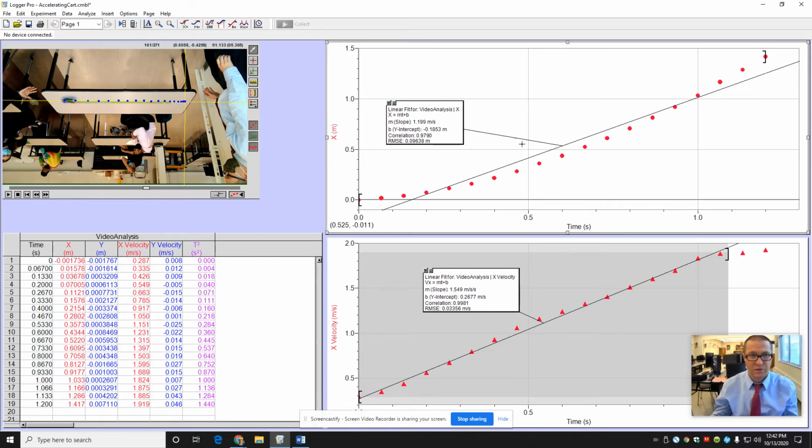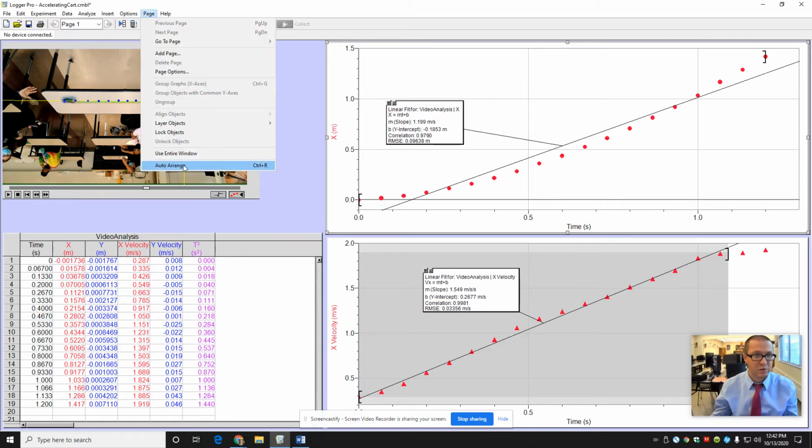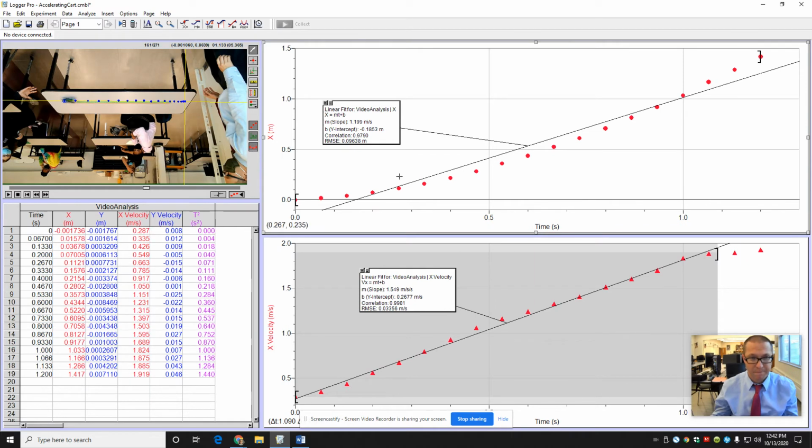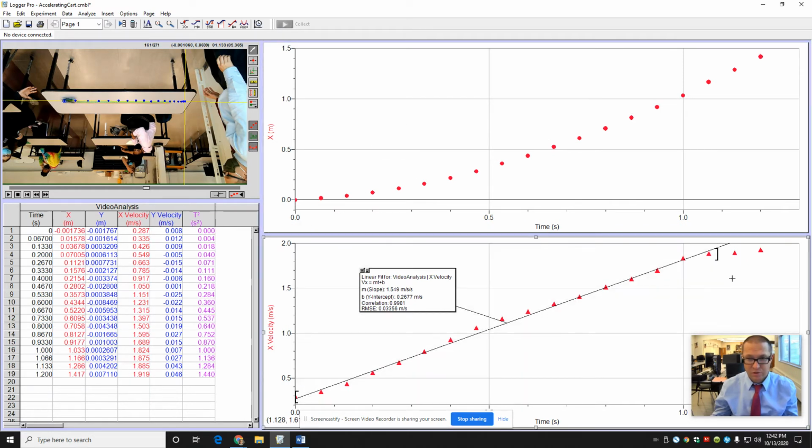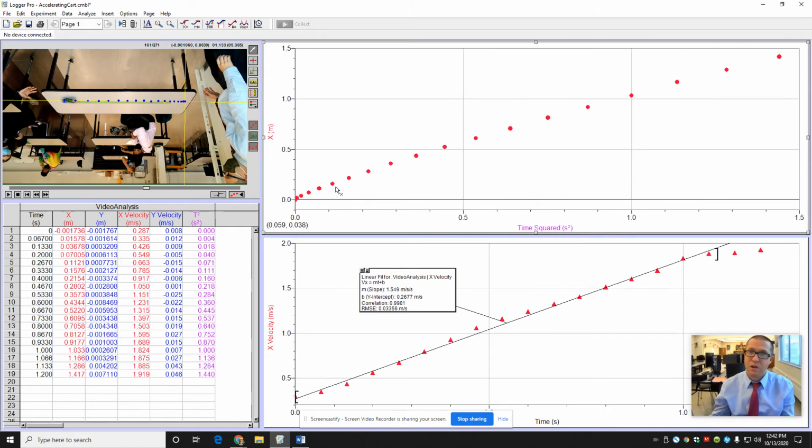Now you'll notice nothing changed over here. Let me just auto range this real quick. Now, let me just make this look a little better. I'm going to select the new one I made. It's important that you do these names right so you can actually find them. Don't be lazy when you make that new calculated column. I'm going to select time squared. Well, we see a much more linear line, right? So I put a fit line on this.